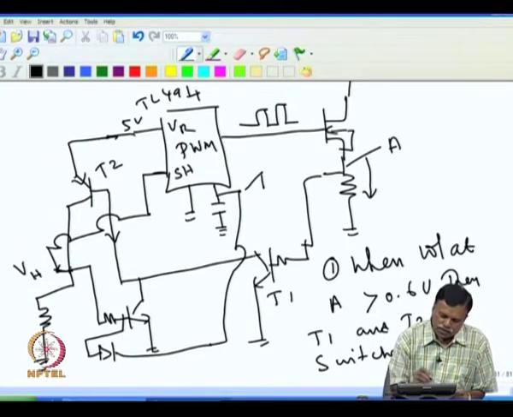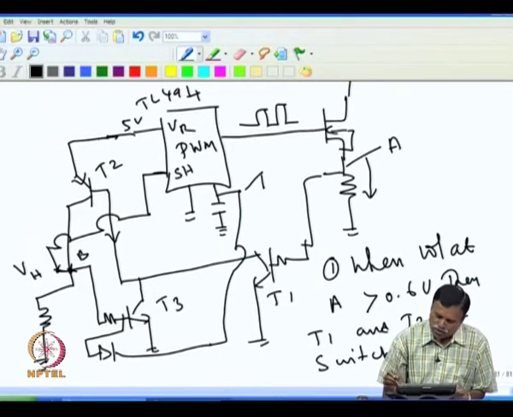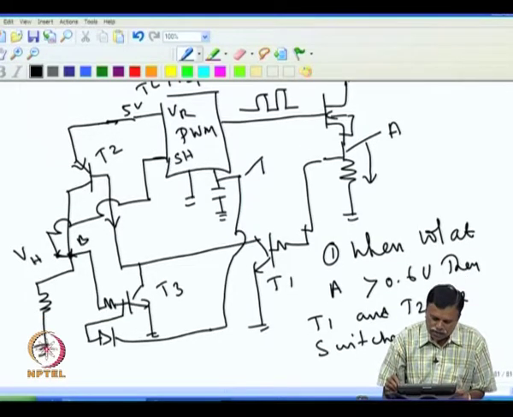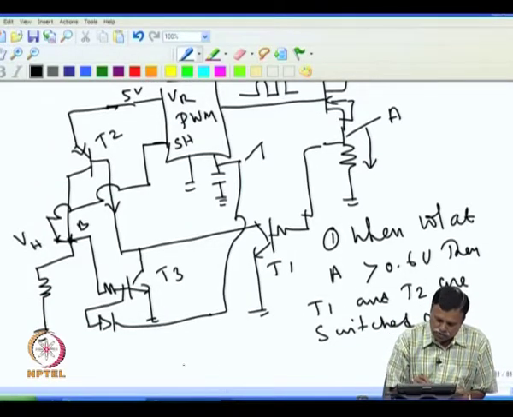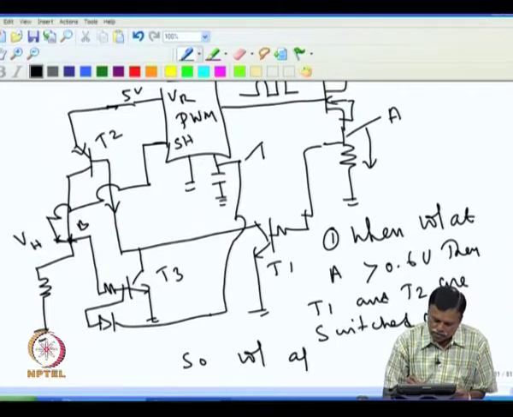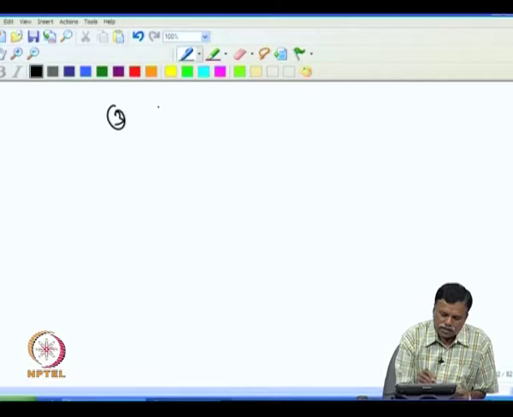We name this next transistor T3, and this point we call point B. Once T2 is on, then voltage appears at point B. This switches T3 on.